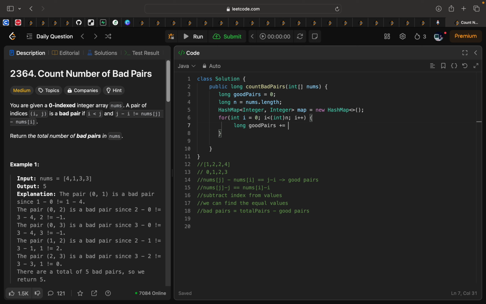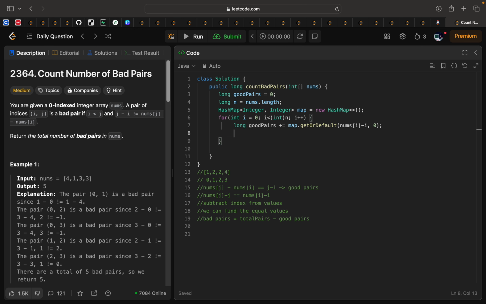So we check in our map whether the value nums of i minus i is present or not. If it's present, then we will return its value, otherwise we will return 0.